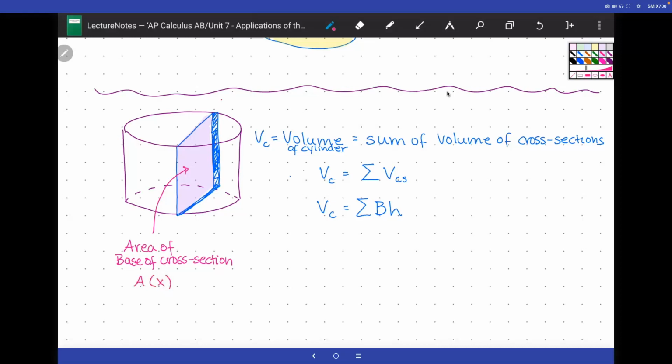And then the height of the prism is the thickness in this case, because I put it on its side and I've made it really thin. And that thickness is going to correspond to our change in the X values. It's our delta X that we've seen before.